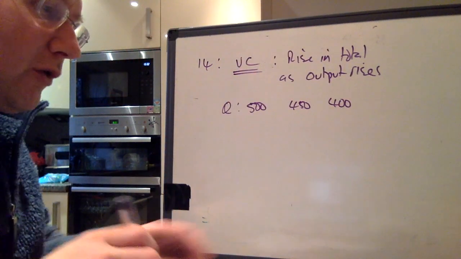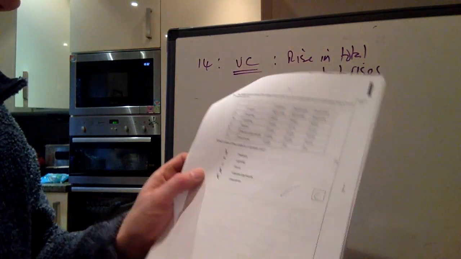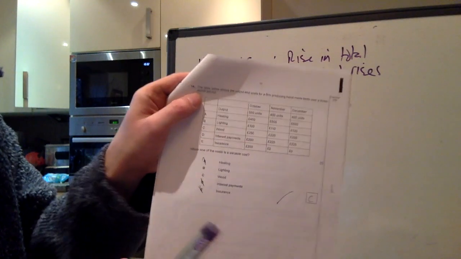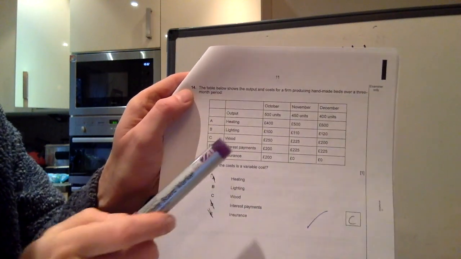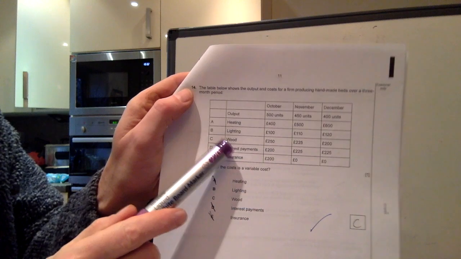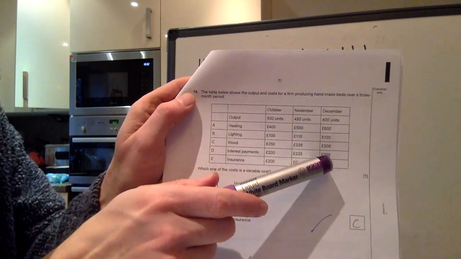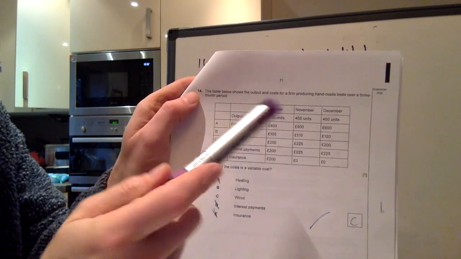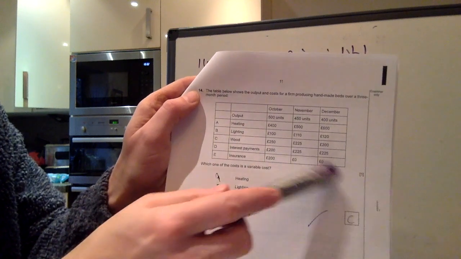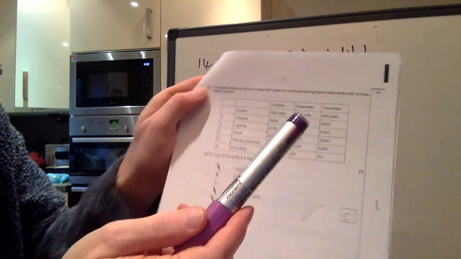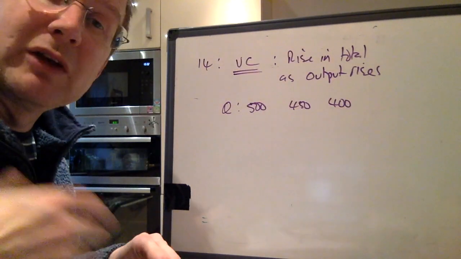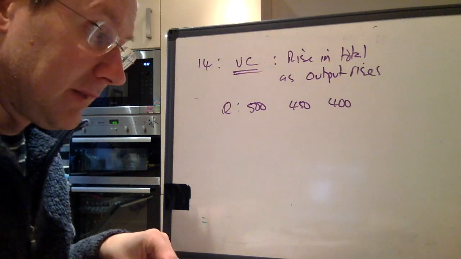So you're looking for a cost that falls continuously over that period. Clearly the right one is wood. It falls from 250 to 225 to 200. Some of the others, like insurance, fall but then stay constant. So the one that varies as output varies is wood.